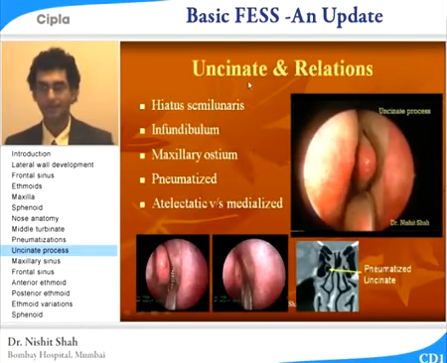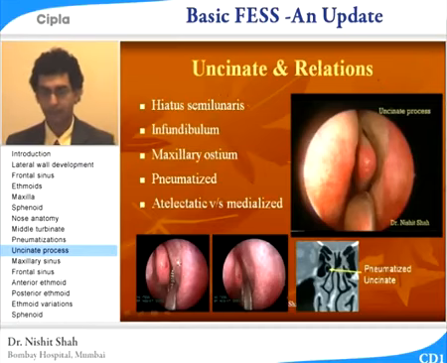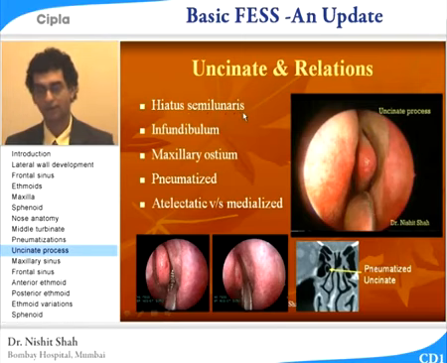Right, so talking now of the uncinate and its relationships, why is the uncinate important? Just behind the uncinate is the hiatus semilunaris, or a semilunar opening into the infundibulum. So when you look at this figure, this is the uncinate process, and the Tobey's forceps has just entered the hiatus semilunaris, this being the middle turbinate.